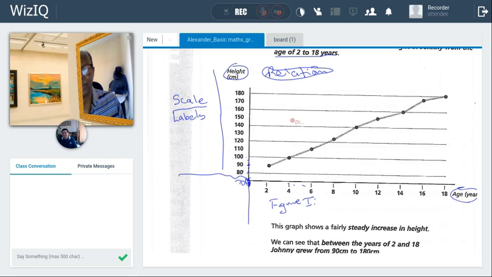So they can ask you, what's the percentage increase in the height here? How do you work it out, now that you have done your percentages? Where would you start? Would you start at 70? No, look at the age. They're asking you about the percentage increase in the height.